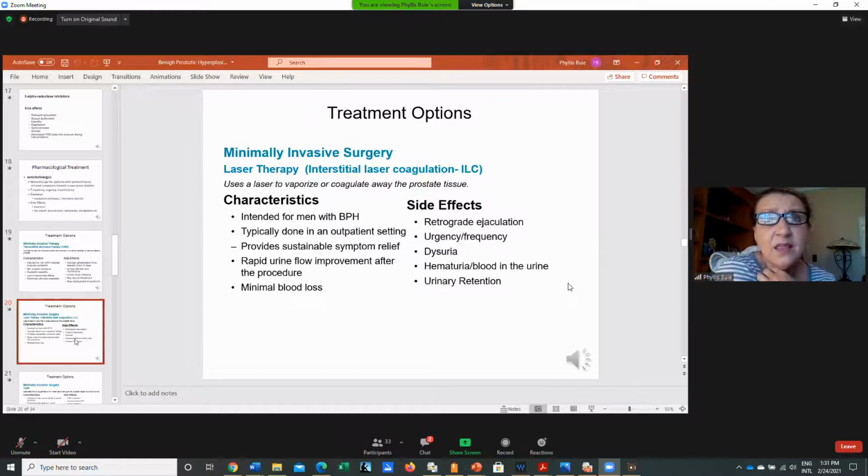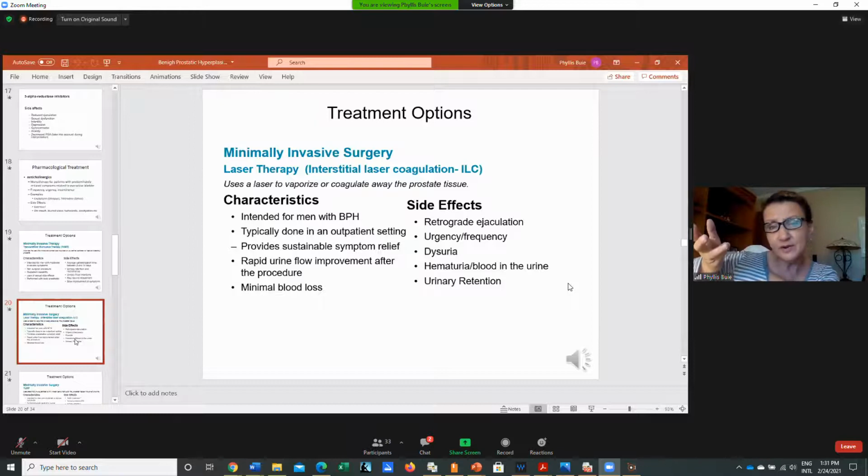The response after this therapy is much quicker than it is with the other one. There's usually very minimal blood loss. Now, one of the problems with this is retrograde ejaculation. That means that rather than the ejaculatory secretions coming out, they go backwards into the tract.